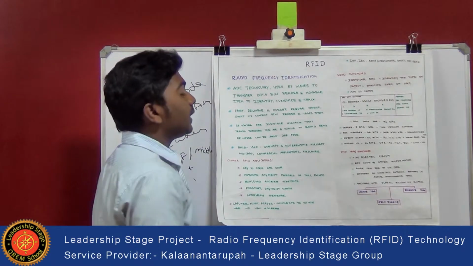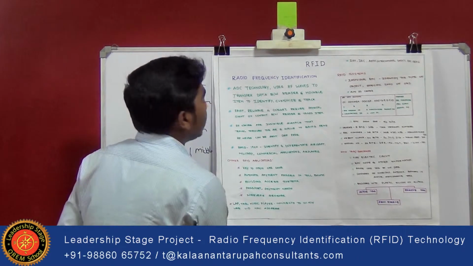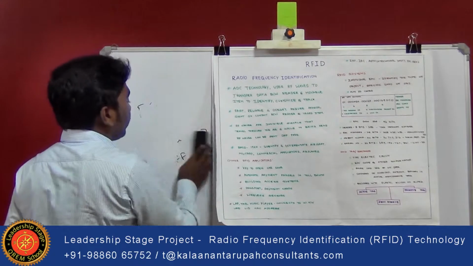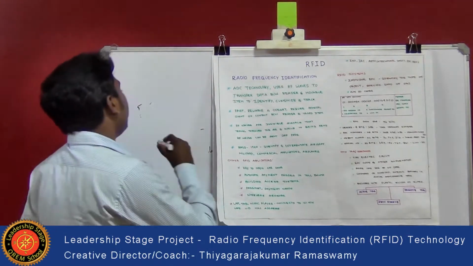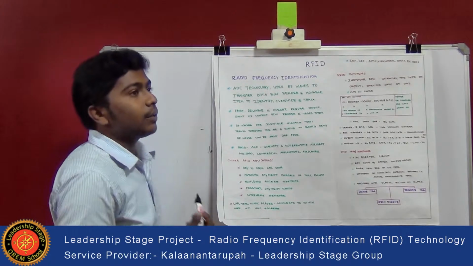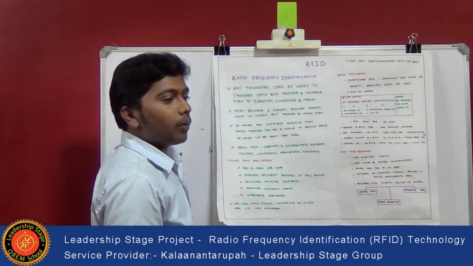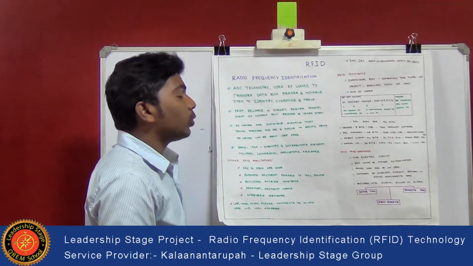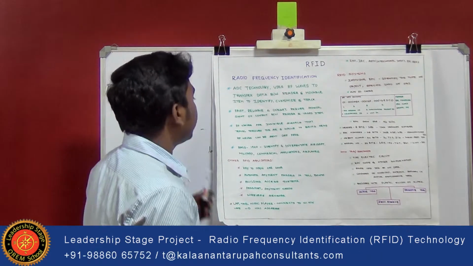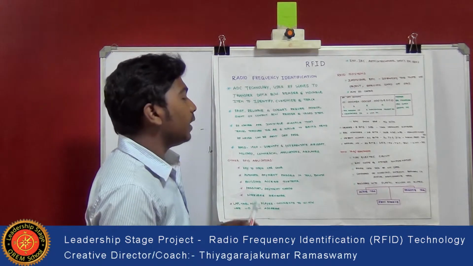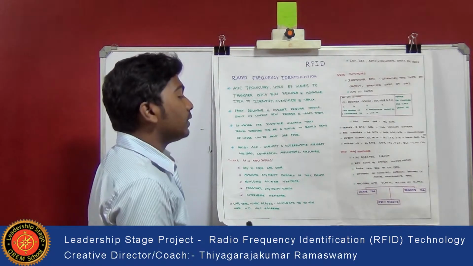The next one is the RFID tag. It is a tiny electronic device. It is placed inside the product or on humans to track or identify them. It stores the EPC code in the memory of the chip.